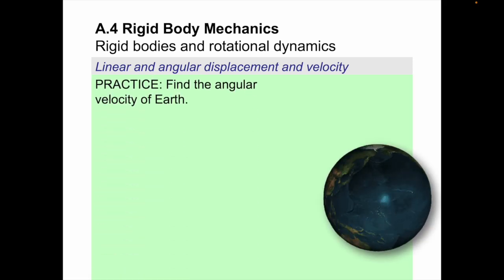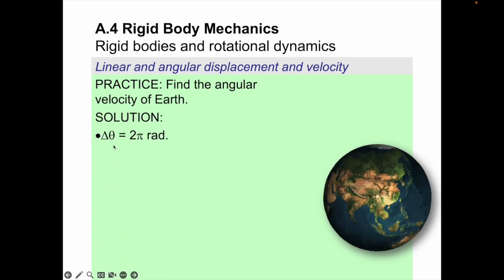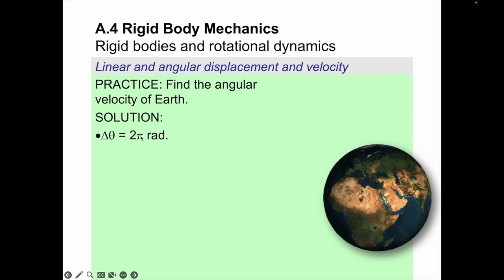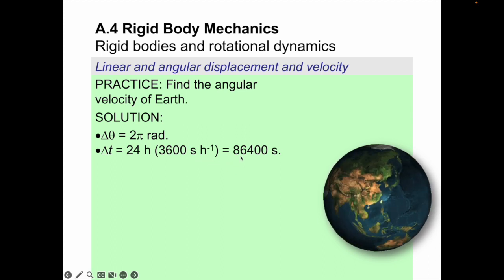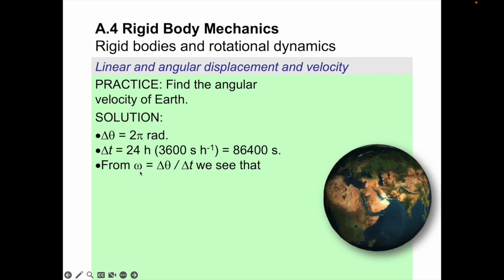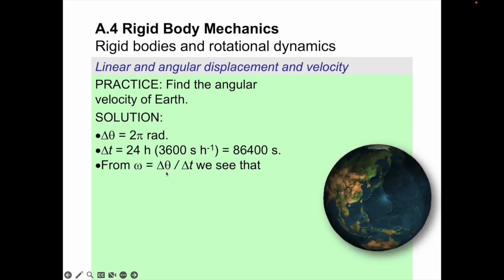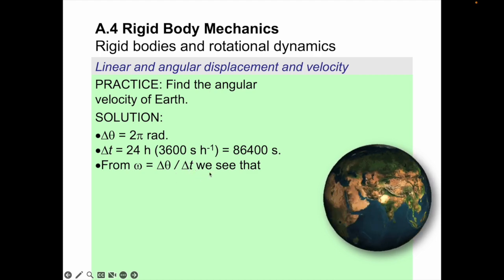So let's try one here. Find the angular velocity of the Earth. For the solution, the number of radians that we move through is going to be 2 pi radians. That's all the way around the circle. Our time is going to be 24 hours, converted to SI units as 86,400 seconds. Then from the definition of angular velocity, we have our change in radians and our change in time.